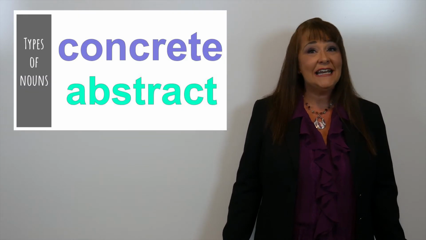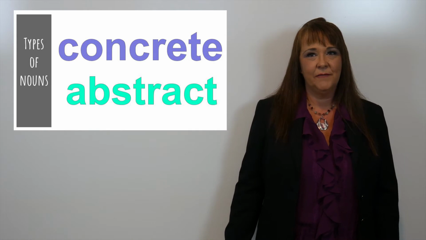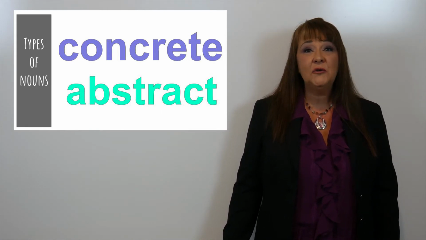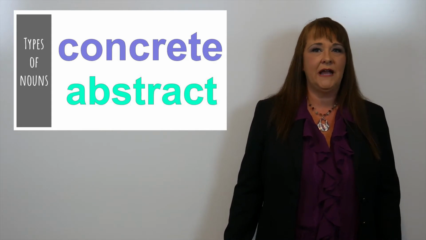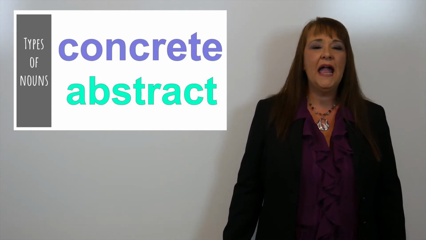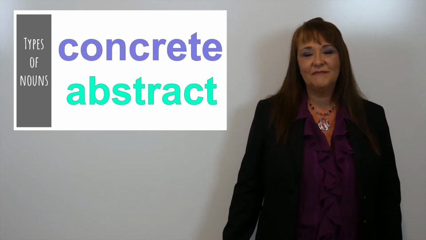To make this easier to understand, I've broken up the types of noun into 2 main categories: concrete nouns and abstract nouns. Each of the two categories can also be broken up into smaller categories. Let's go ahead and look at each type of noun individually.